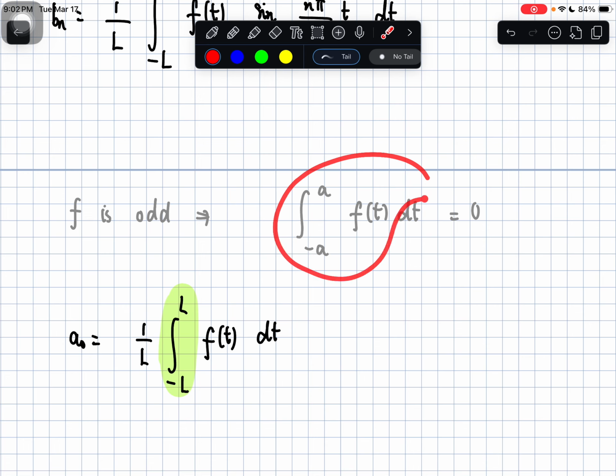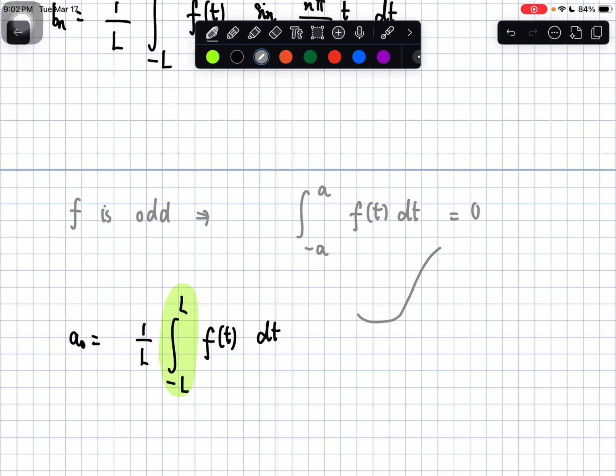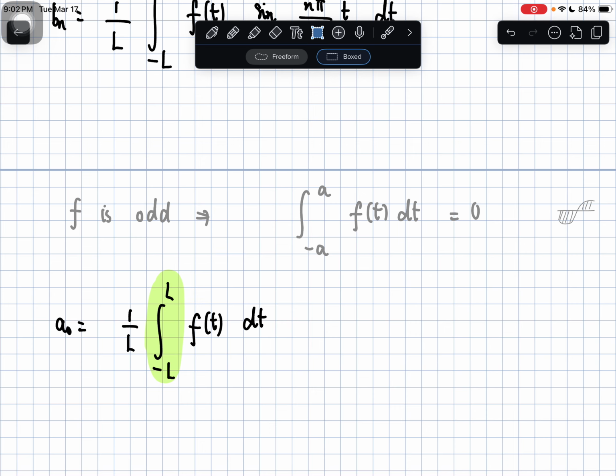Integral of an odd function over a symmetric interval. So for example, the area under this curve equals minus this area. That's why we have 0. So a0 equals 1 over L times 0, which is 0.